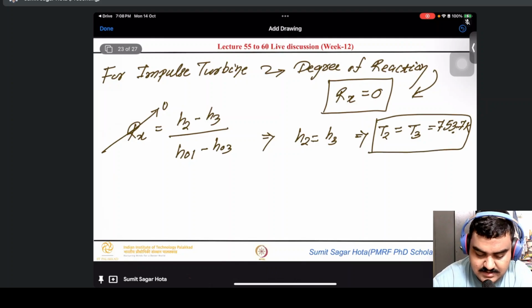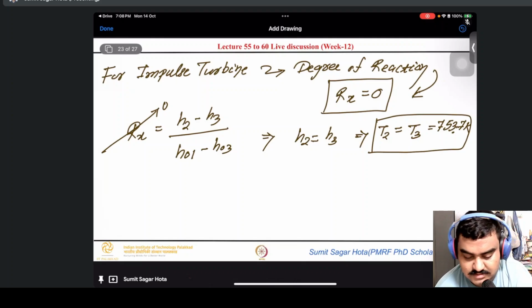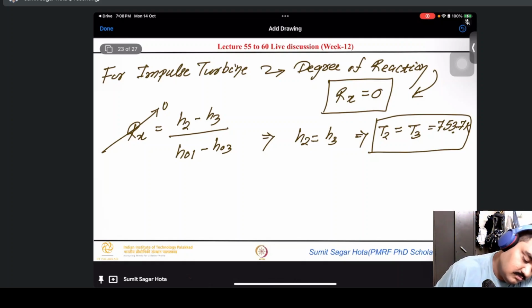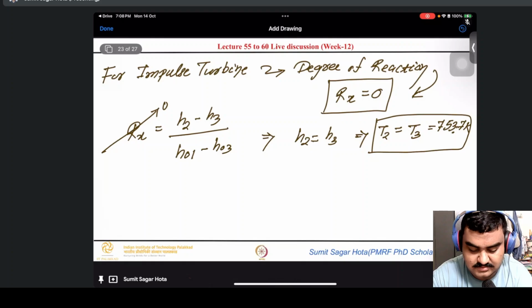So now we have to find out the T2 and T3.